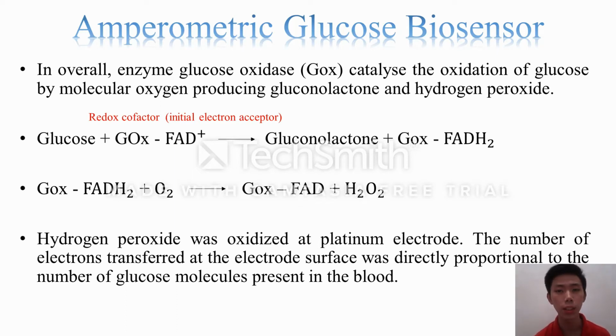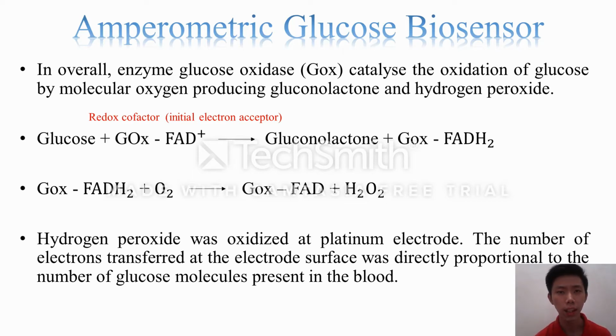It will be reduced into FADH2 after the reaction with the production of gluconolactone. For the second reaction, the FADH2 will be regenerated by reacting with the oxygen. Thus, hydrogen peroxide will be produced with the FAD.